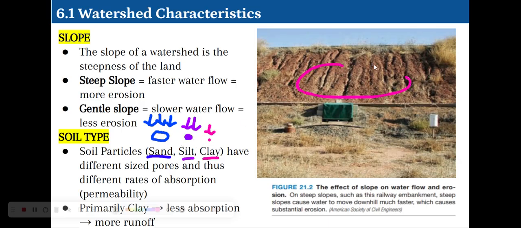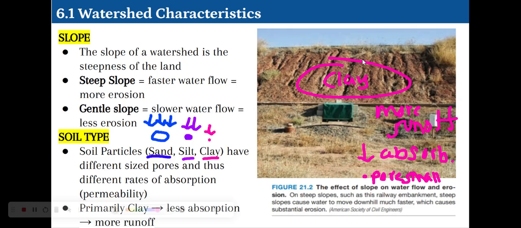So if this soil is primarily clay, you're going to have more runoff, and that's because it's going to have less absorption, and that's because the pore is small. And that makes sense. If you have a shower or a bathtub and the drain is really small, it's going to fill up with more water.